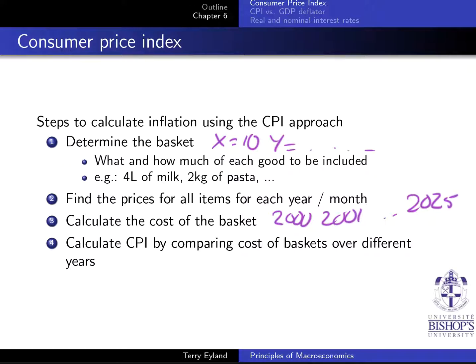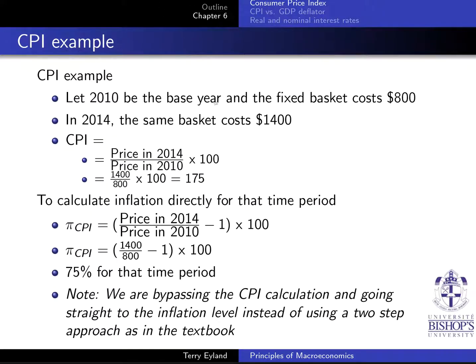So how do we compare it? Well, let's say that we had a basket that cost $800 and then 4 years later, since we're going to calculate inflation on a 4-year period, it is $1,400. You can look at this, but it's not necessary.